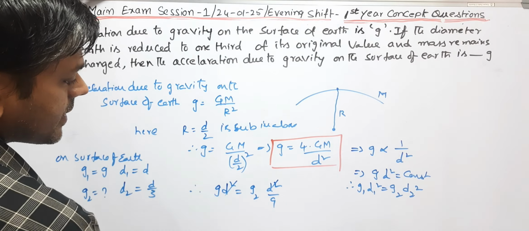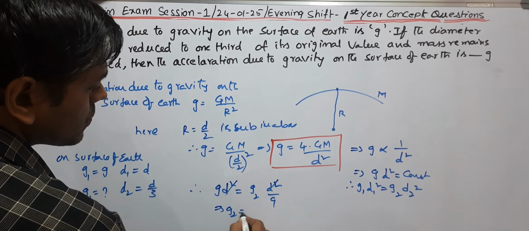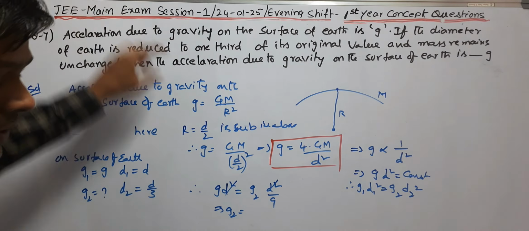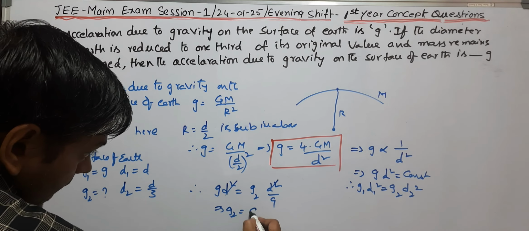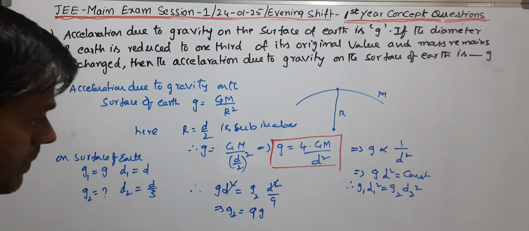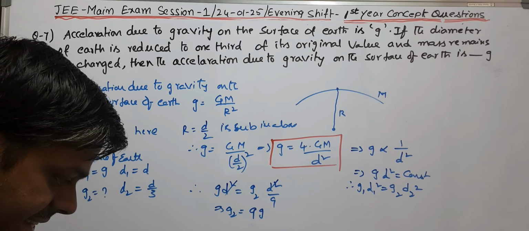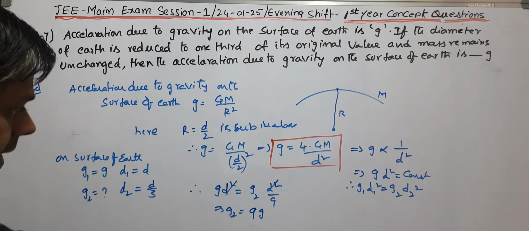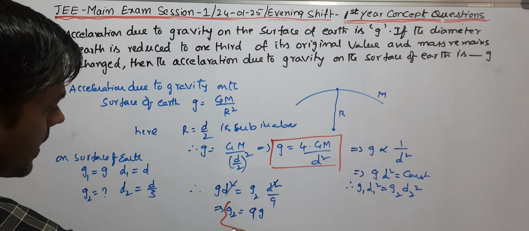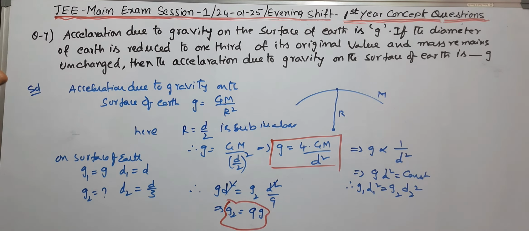On both sides d square cancels, so g2 is equal to 9 into g. That means gravity is increased by 9 times.